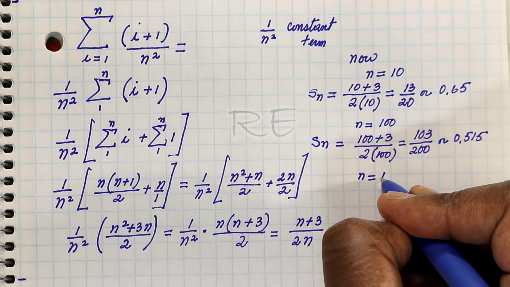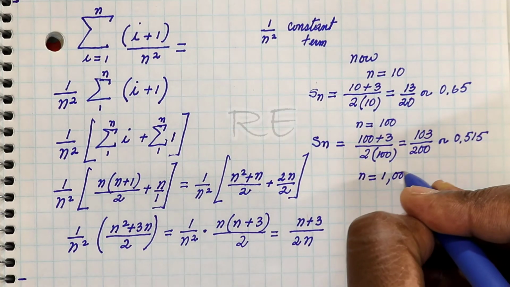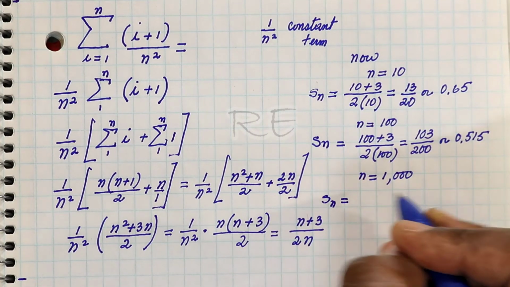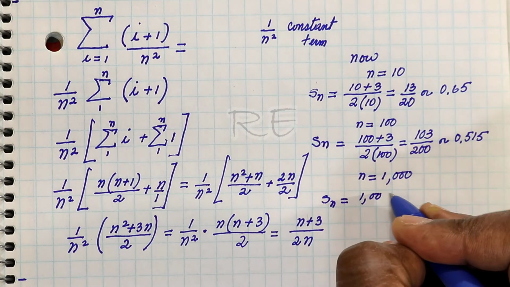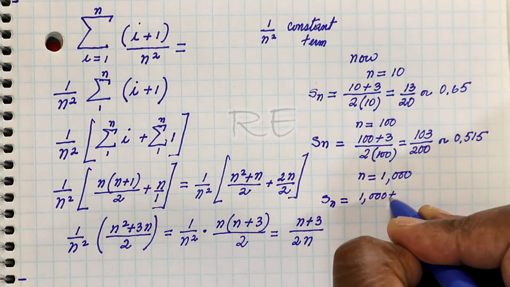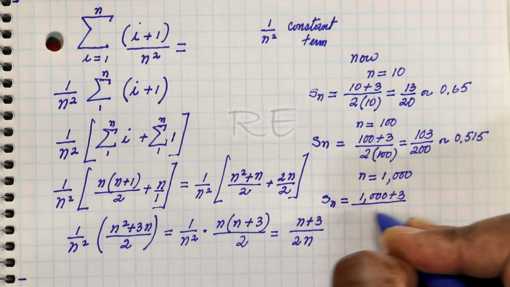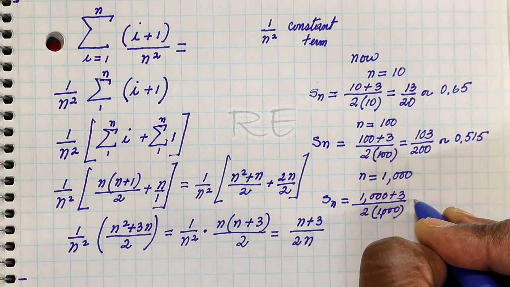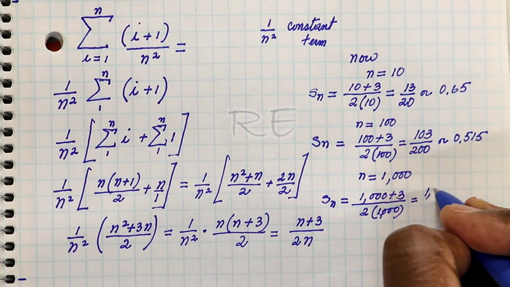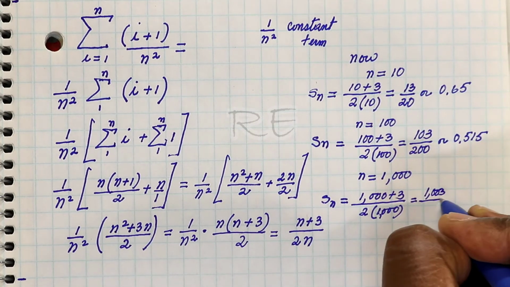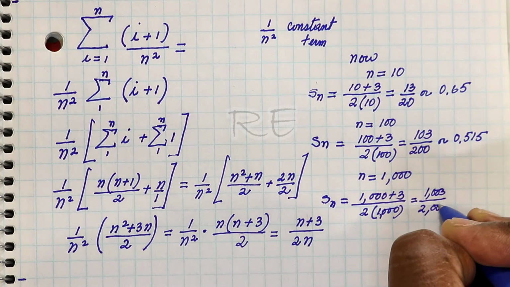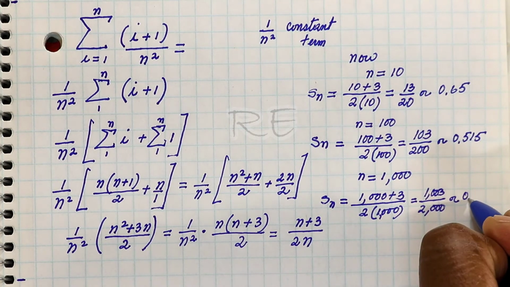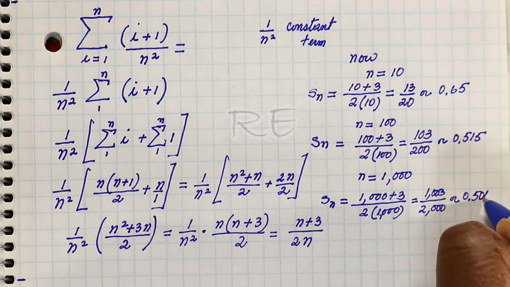When n is equal to 1,000, Sn, which is the sum, will be equal to (1,000 + 3) over (2 times 1,000), which is 1,003 over 2,000, or 0.5015.